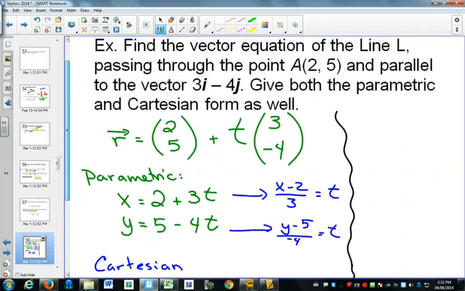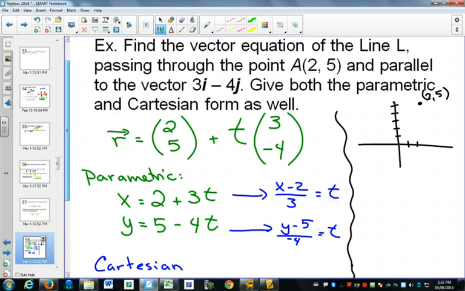Okay, on the side here, we're going to look at what does this look like if we did it old school back when we did our analytic geometry, y equals mx plus b. This is what we know. We know we have a point 2 comma 5. There it is, 2 comma 5.